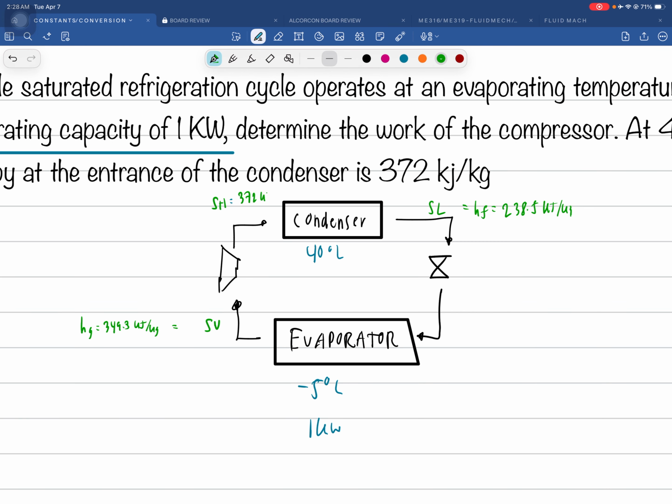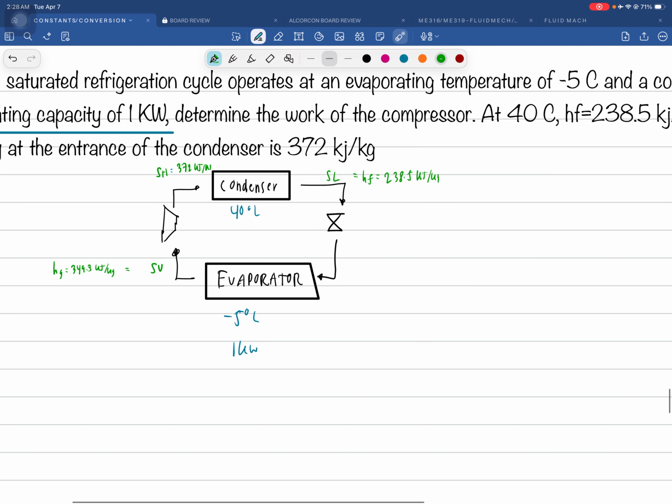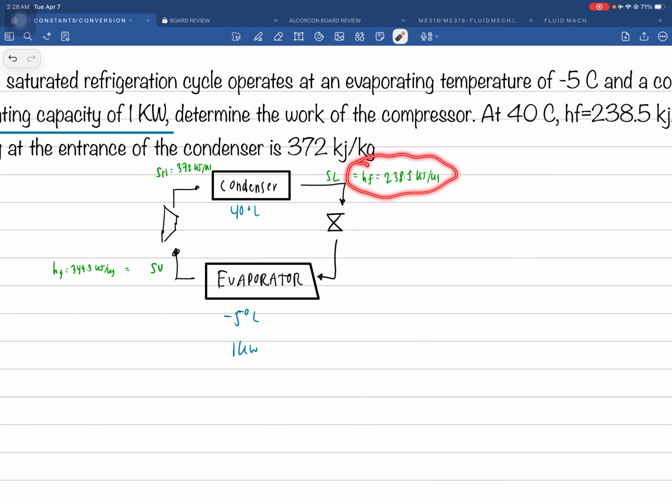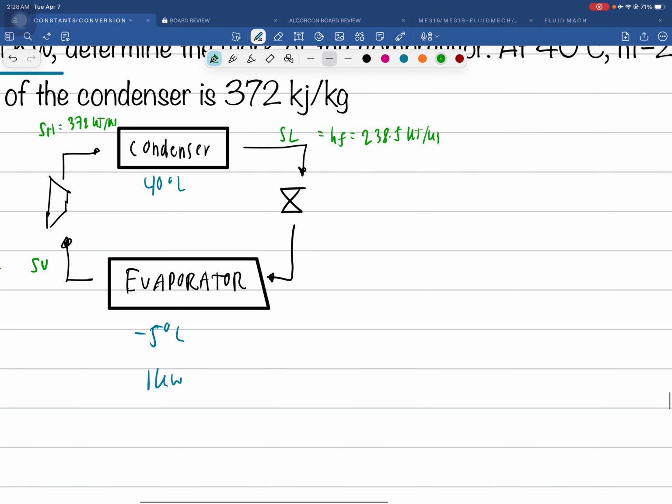372 kilojoules per kilogram. Okay, so again, if this is 238.5 and expansion valve undergoes isenthalpic process, meaning constant yung enthalpy, therefore you would expect what? An enthalpy here, H4, equals 238.5 kilojoules per kilogram.